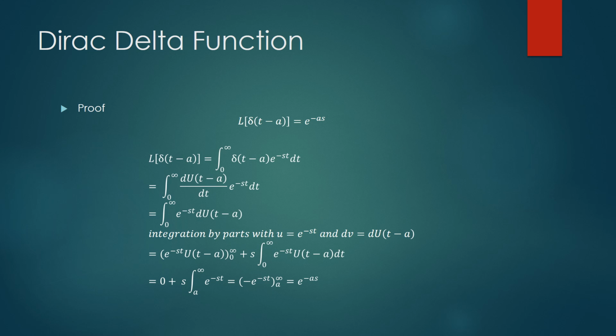It becomes the integral from 0 to infinity of e to the power of negative st du(t minus a). And we take the integration by parts.